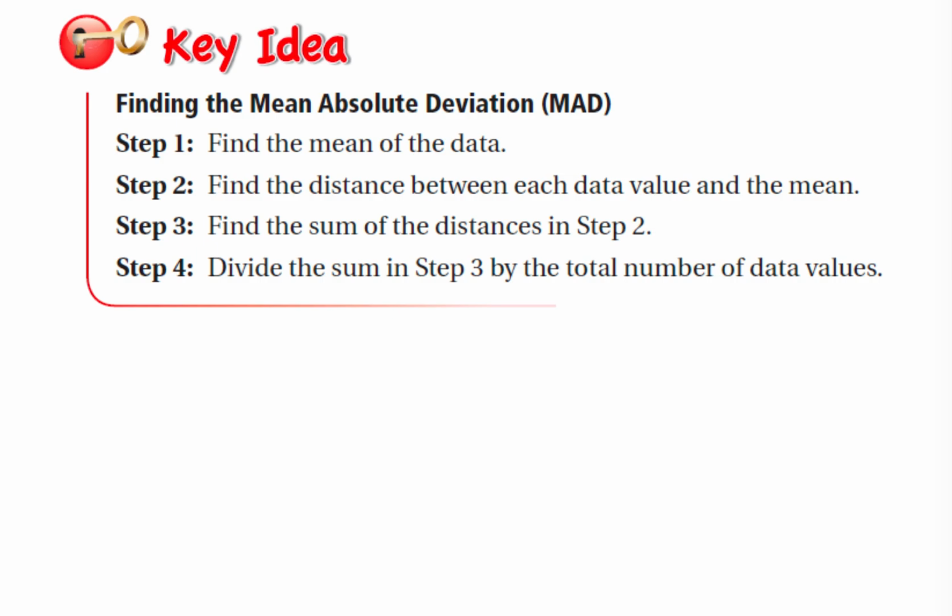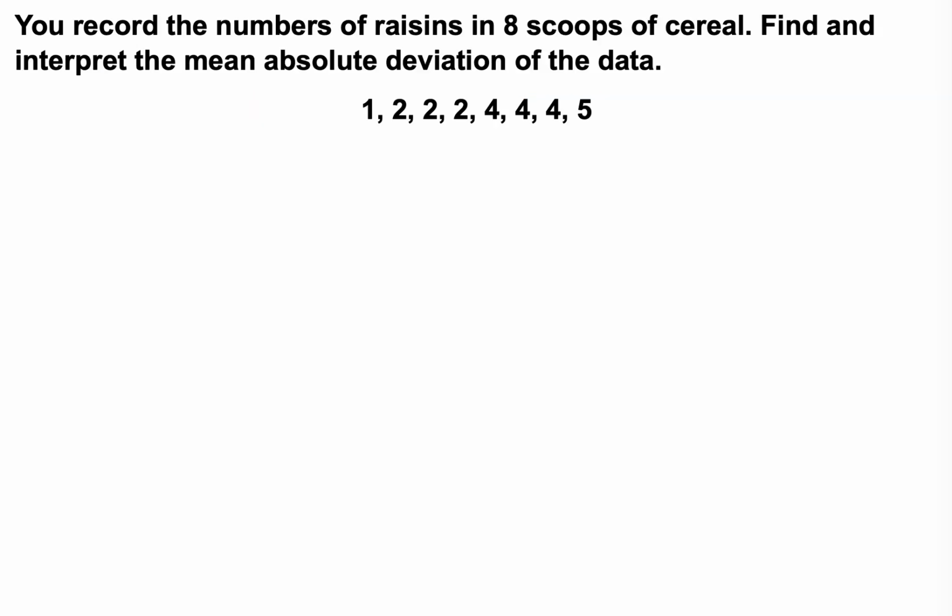That means to subtract your number with the mean. Step 3 is to find the sum of the distances in step 2. And step 4, divide the sum in step 3 by the total number of data values. So you find the mean, you subtract, and then you find the mean of your new numbers. That's the MAD.